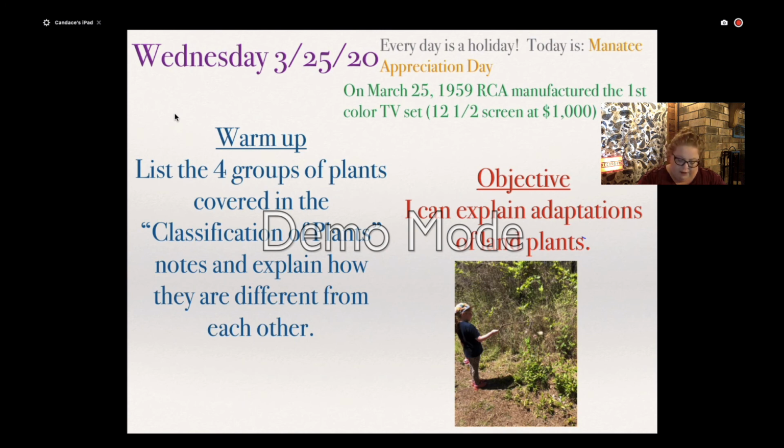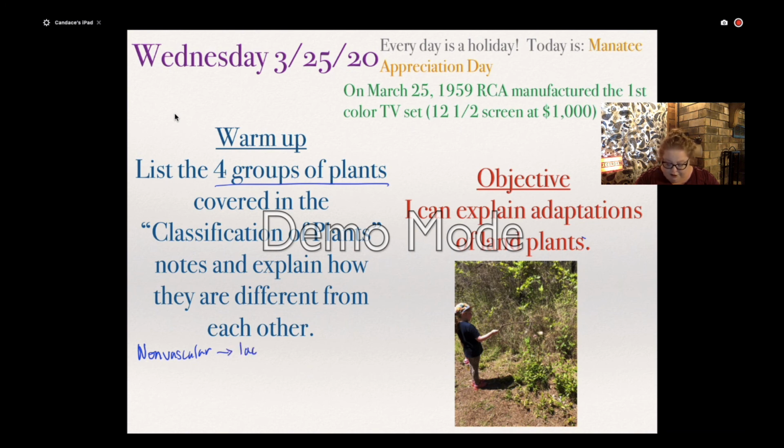So let's talk about our warm-up. Our 4 groups of plants, the way that they were separated, and there's a couple of ways that you could write this, but to me, this is the easiest way. Our first type were our non-vascular plants, which do not produce seeds.